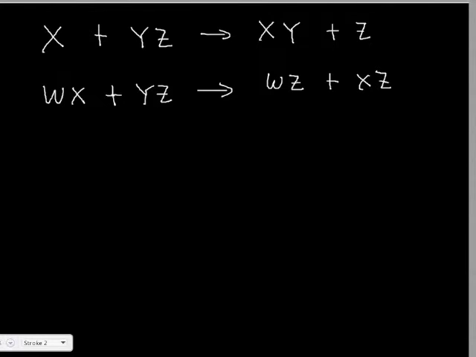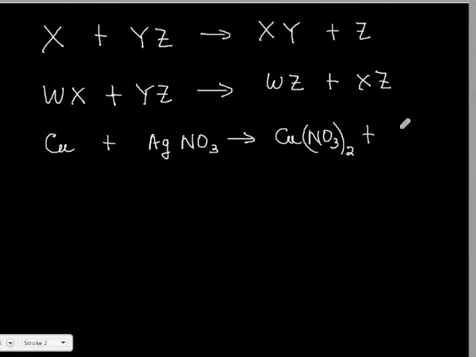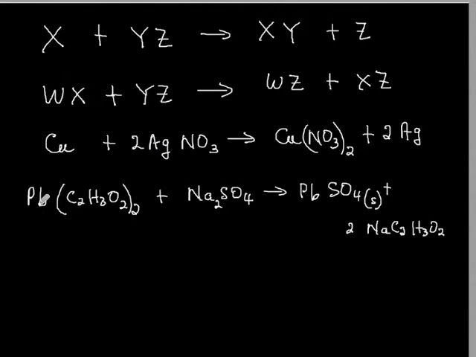So here's an example of a single displacement reaction. If you have copper reacting with silver nitrate, and you produce copper nitrate and silver, this is a single displacement because you can see that copper displaced the silver. Here's an example of a double displacement reaction.